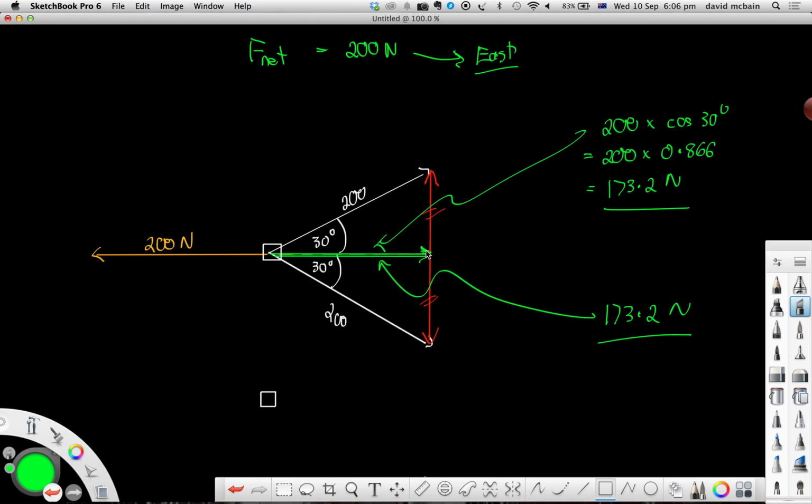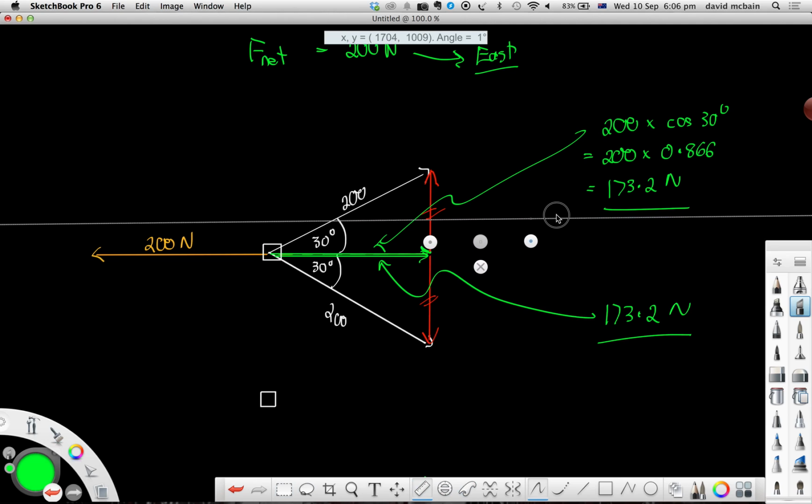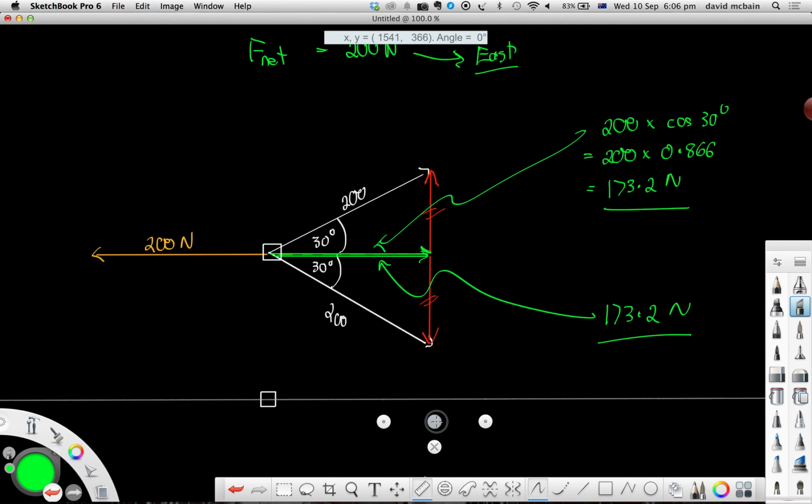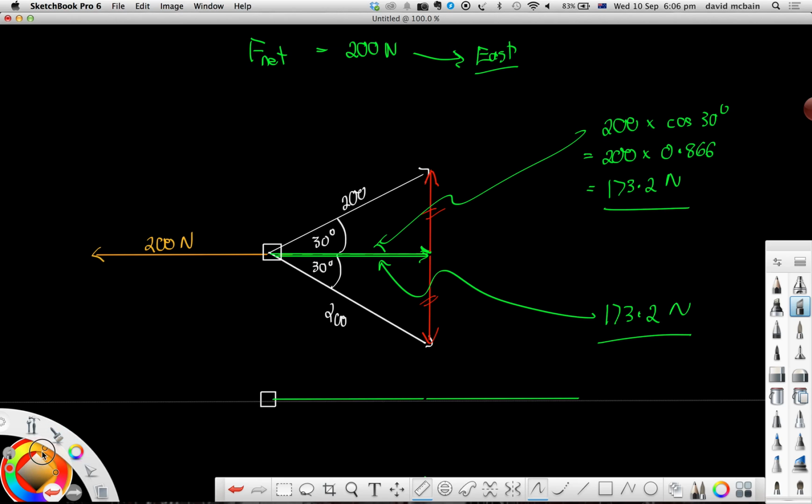So 173.2 plus another 173.2 in that direction, and then 200 off in that direction. So it's 200, 173.2 and 173.2.